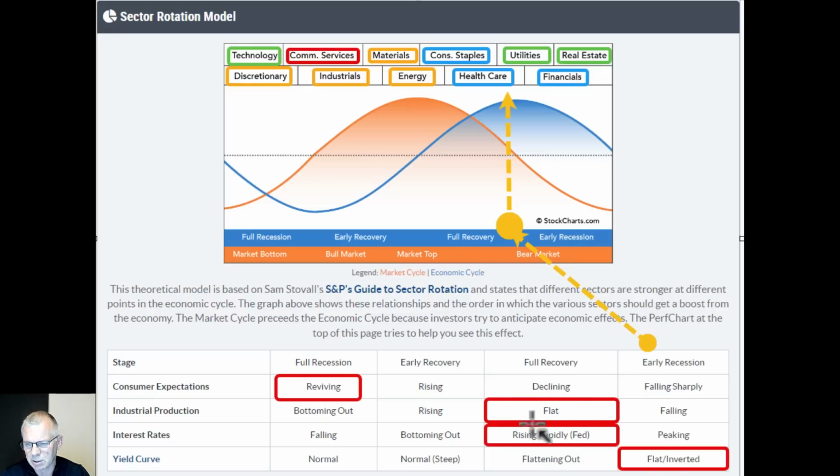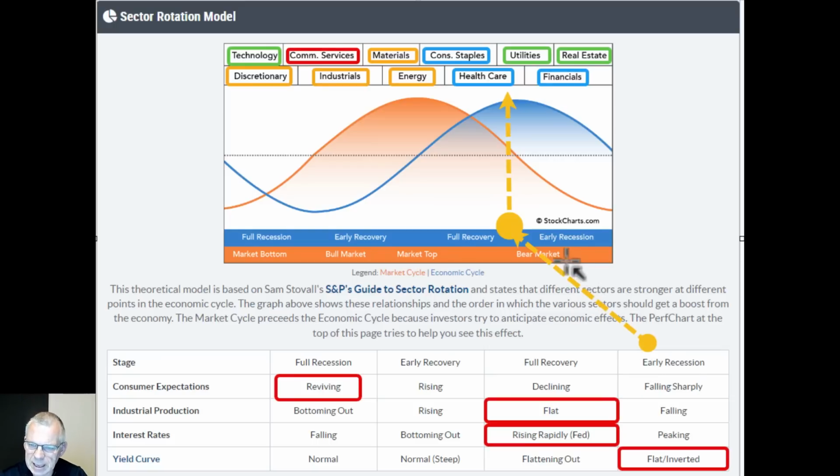We got a full recovery reading here, but we also have a full recession reading here, and then one in the middle. So with this pool, I'm going to say it's early in the early recession area.